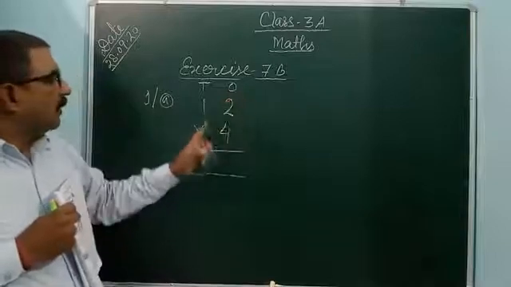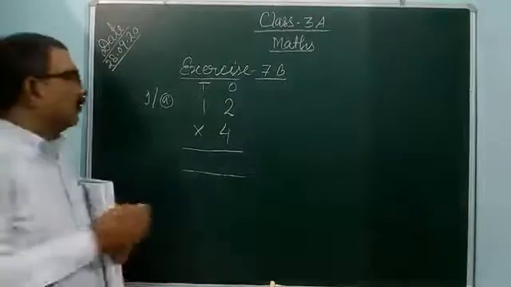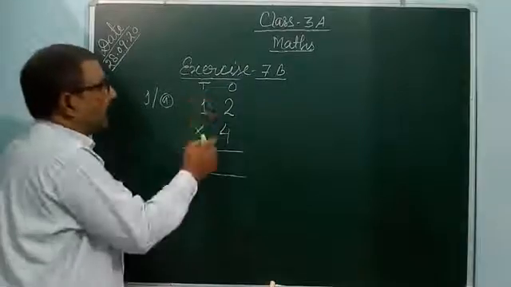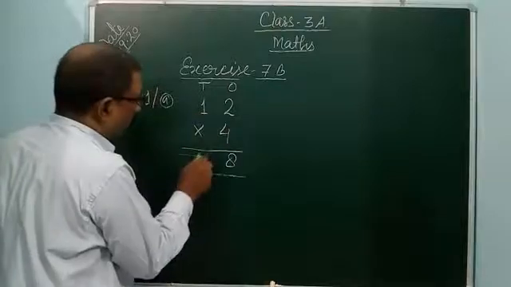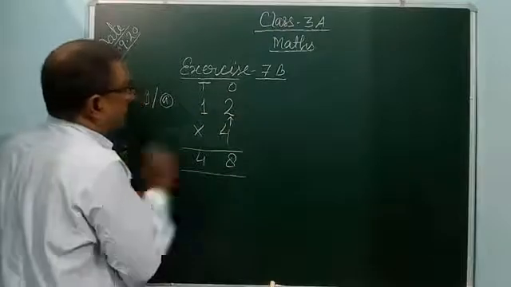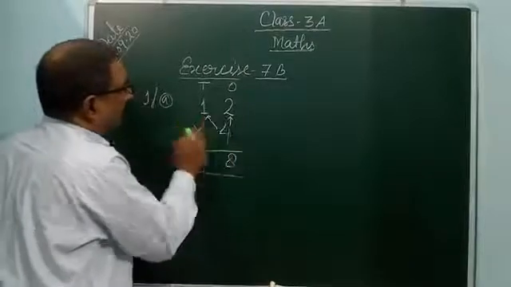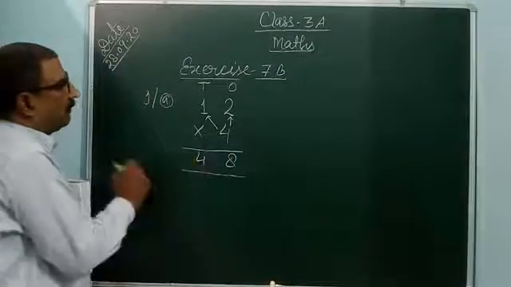After that, you multiply 4 with tens. 4 twos are 8 and 4 ones are 4. In this way, you get 48.